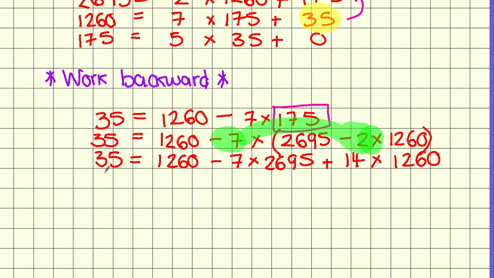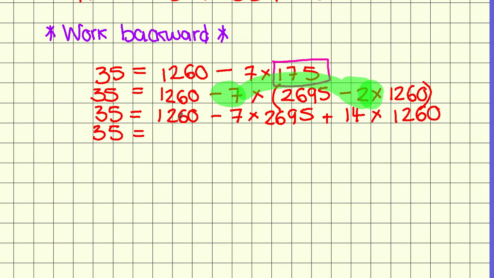Okay, so you're multiplying out but keeping it together in a way, right? Then what you need to do is gather all your like terms. So if you look at this, I can see 1,260 there, and I can see 1,260 here. Right now at this part, there's nothing in front of it, so you've only got one lot of the 1,260, and here you've got 14 lots of that.